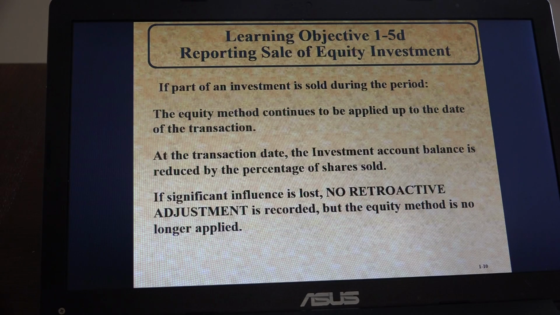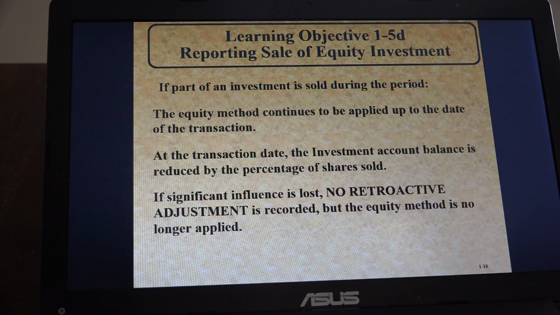So 1/4 of $336,000 is $84,000. So they record the cash receipt from the sale of $110,000. They back out 1/4 of their investment, the balance in the investment account. So 84 is 1/4 of 336.